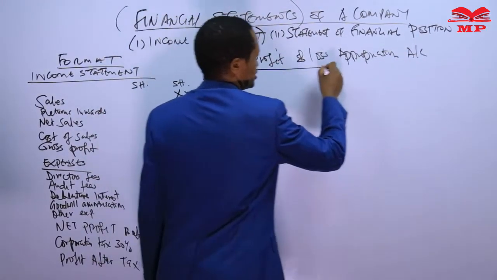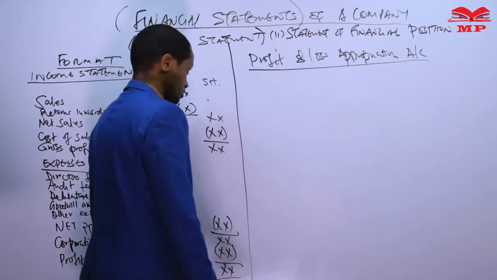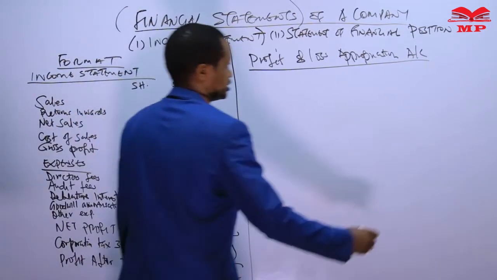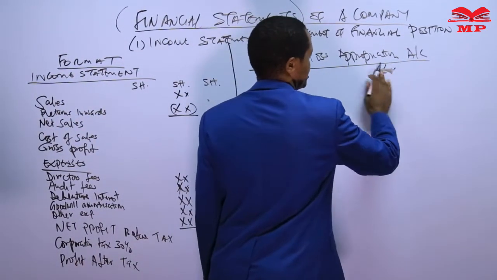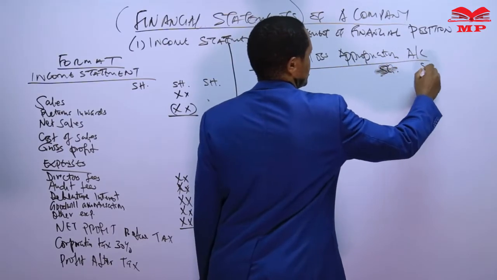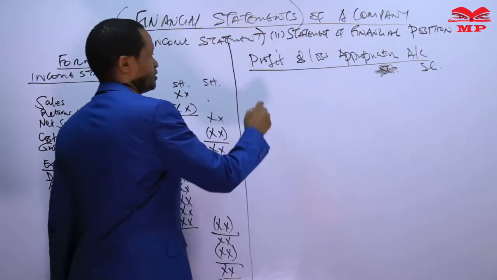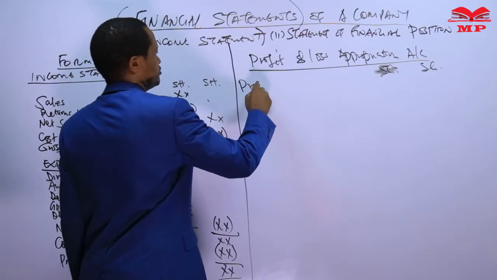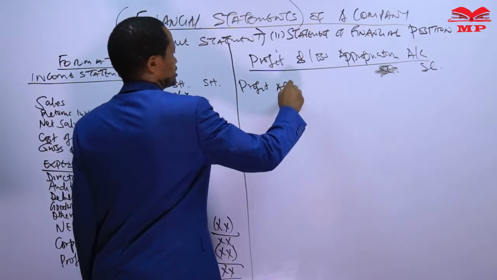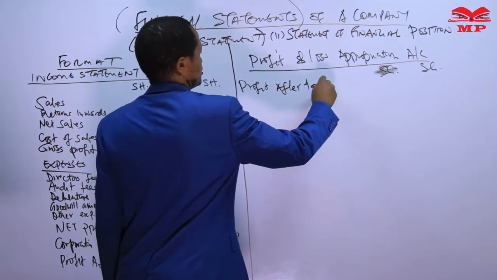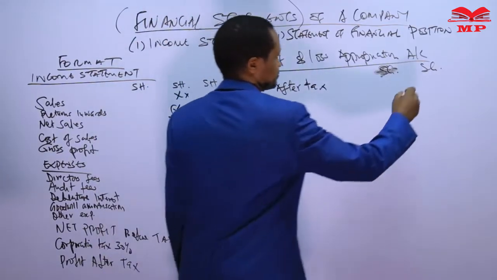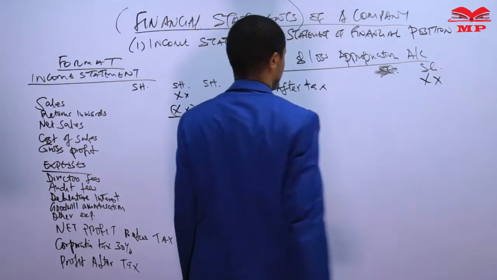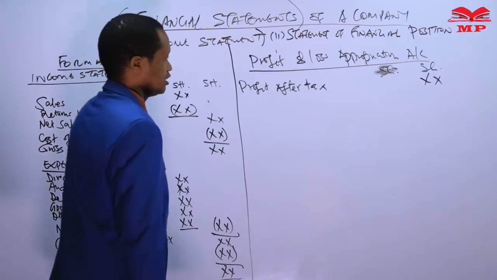Profit and loss appropriation account. So what is being appropriated here is the profit after tax. The profit after tax is what will be subject of appropriation.